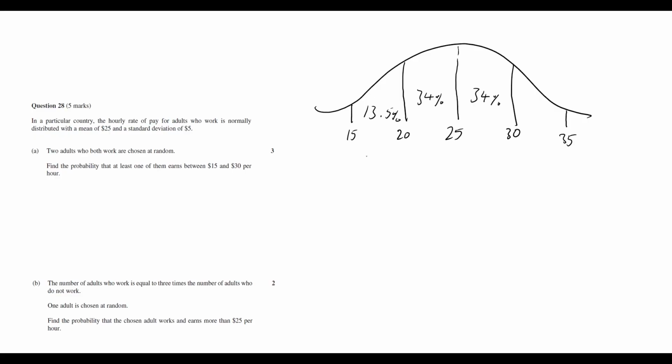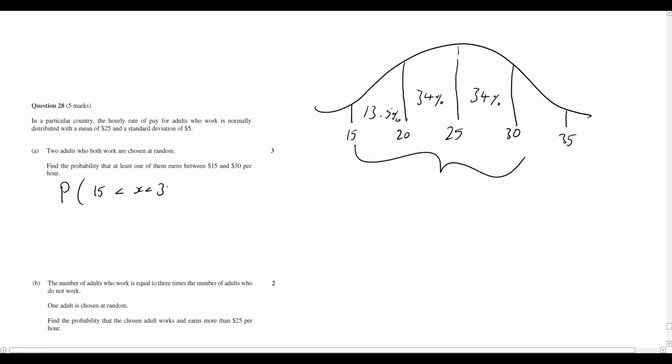So all we need to do is look at the probability of them being in this space here. The probability that someone earns between $15 and $30, written in proper notation, is the probability of 15 less than x less than 30, which is equal to 34 plus 34 plus 13.5%. So that's 81.5%, or I'll write it as 0.815.